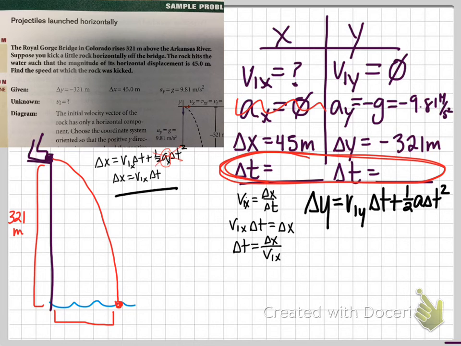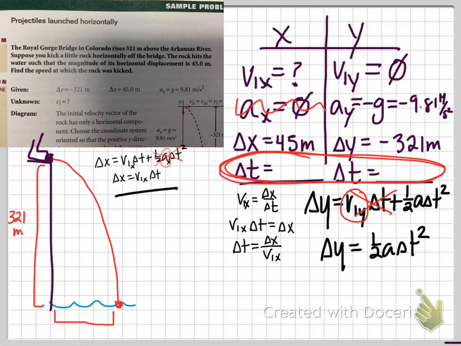Anybody see anything magical that's willing to happen? Oh, look at that! This is 0, so that goes away. Boy, that's convenient. So now we have delta y equals 1/2 a delta t squared.